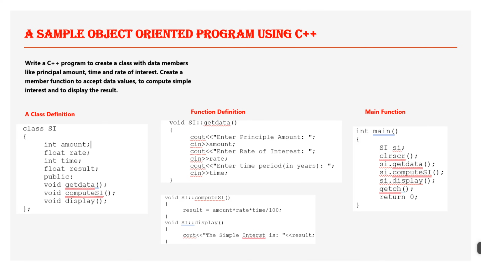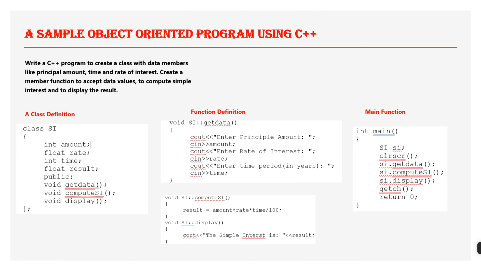So just look at the class definition. I am coming to the program. I am defining a class as SI, simple interest. As mentioned in the problem, there are 3 data members: amount, which is an integer, rate as float, and time as integer.